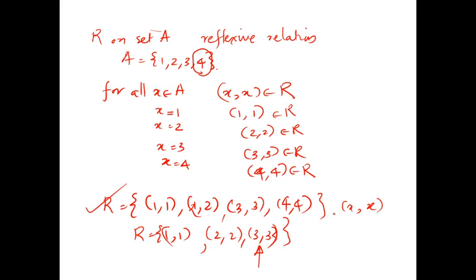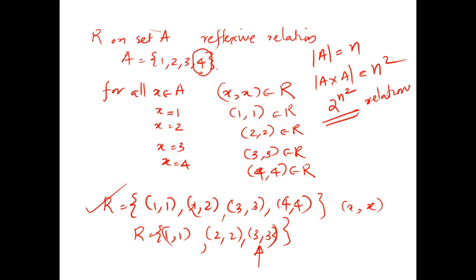So, I am adding one more thing along with a reflexive relation. If capital A has n elements, or cardinality of A is n, then A cross A should have n square elements, and there will be a total of 2 power n square relations possible.